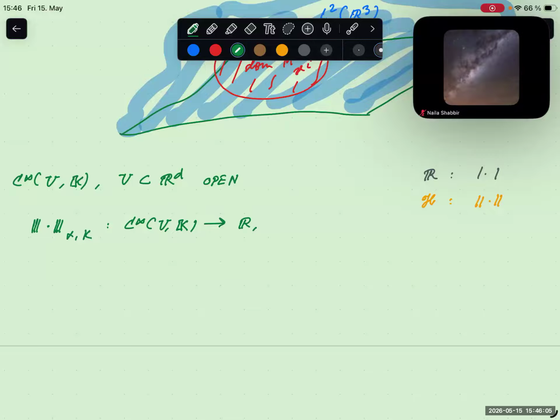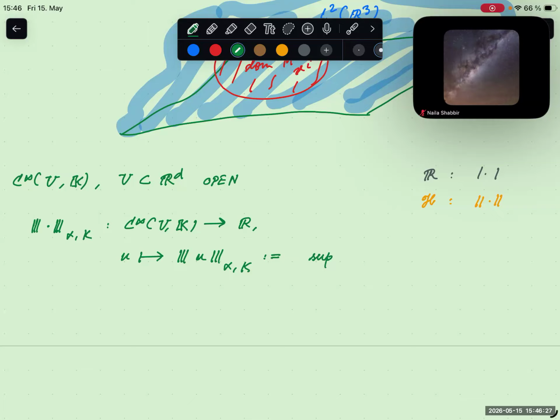And how they are defined. So you take an element, alpha k is defined by supremum.